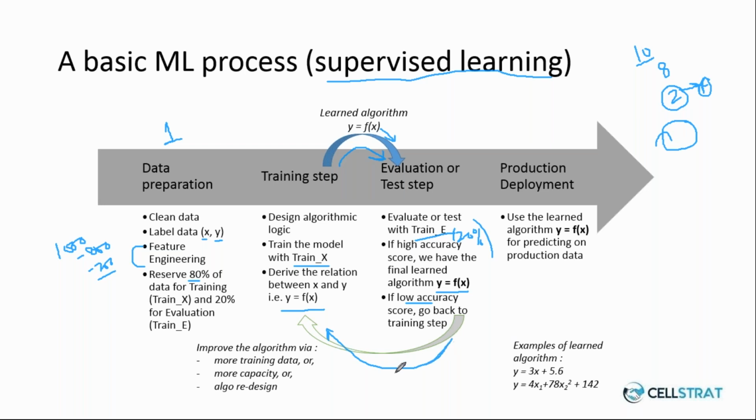So, same way, we'll keep retraining the model till it passes a test or evaluation step. So, the test or evaluation step is critical for the model to be promoted to production deployment. If it passes my evaluation or test step, the model is then sent for production deployment, and using this algorithm, this trained model, and now fully tested as well, I can predict output Y for any new input X.